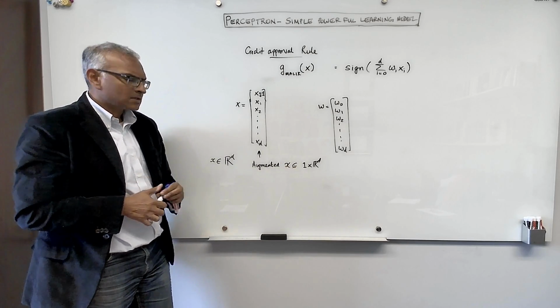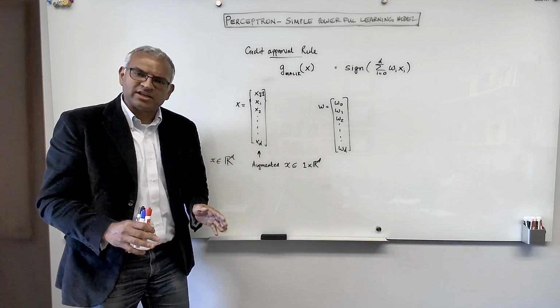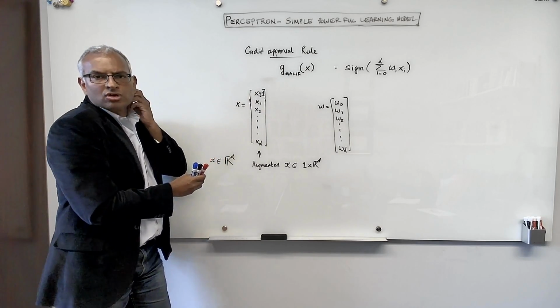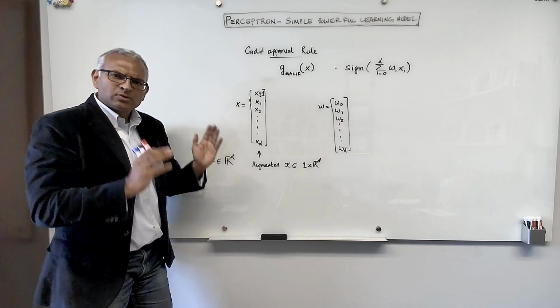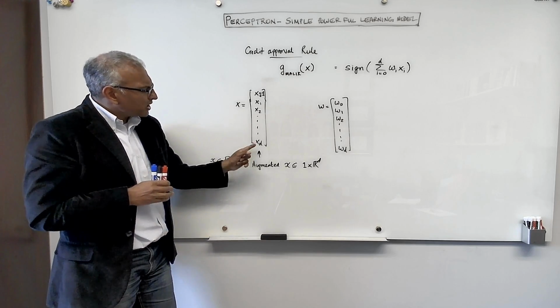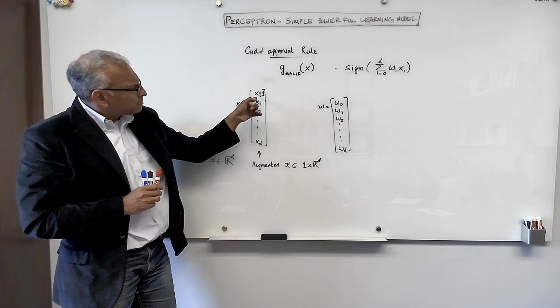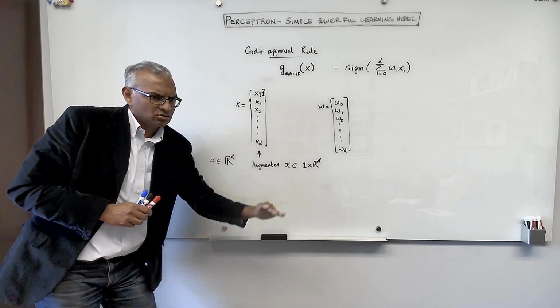So from now on, for the rest of this course, unless otherwise specified, and we will, when we come to support vector machines, separate out the x0 component. But, for the moment, let us assume that whenever we talk about an input vector x, we will just assume that the augmented part has been put in. So it always starts with a 1, and then you put in the features.